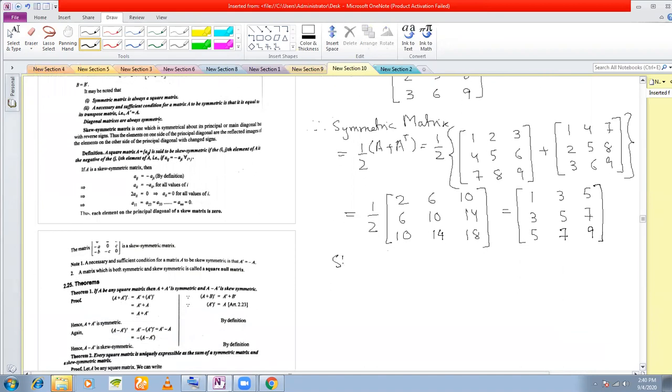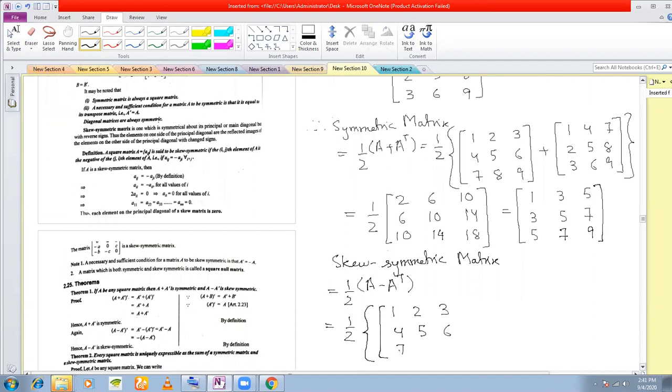Now we'll find out the skew symmetric matrix, which is half of A minus A transpose.